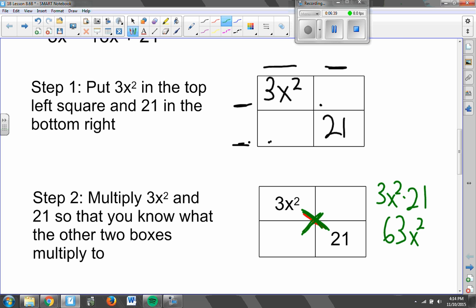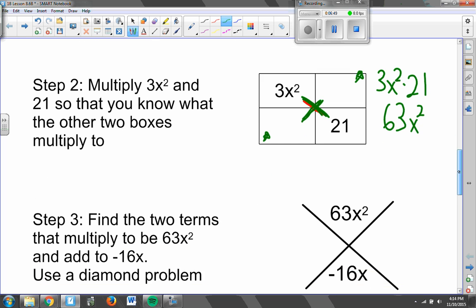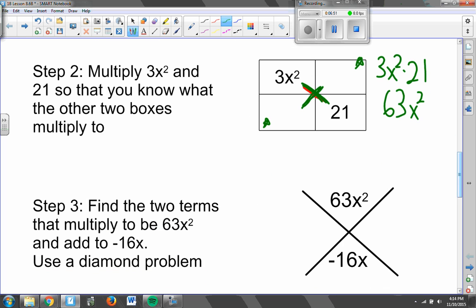So I know that whatever goes in this box and this box, they have to multiply together to give me 63x squared. Now, we're going to use our diamond problems to find what those two missing pieces are in our bottom left and top right box. I know that they have to multiply to be 63x squared.